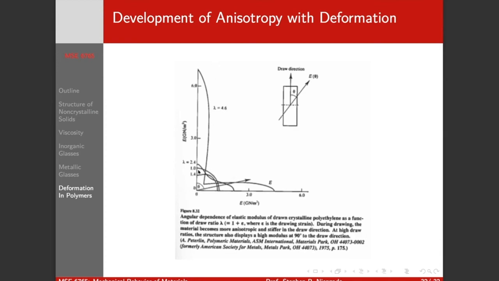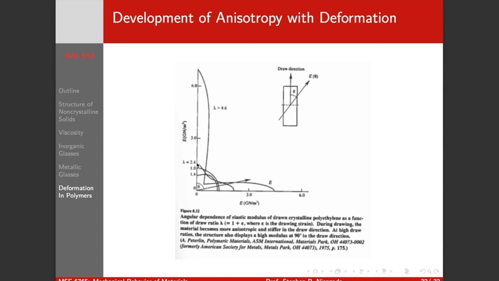Now something curious happens here. Notice initially, when we first begin to draw, we go from an extension ratio of 1, which means no deformation, to an extension ratio of 1.4, which is basically about a 40% strain. We've weakened our elastic stiffness, and then it starts to get higher. We've weakened in all directions at 1.4.